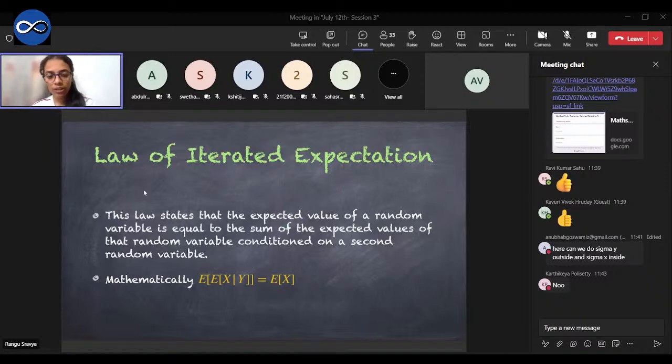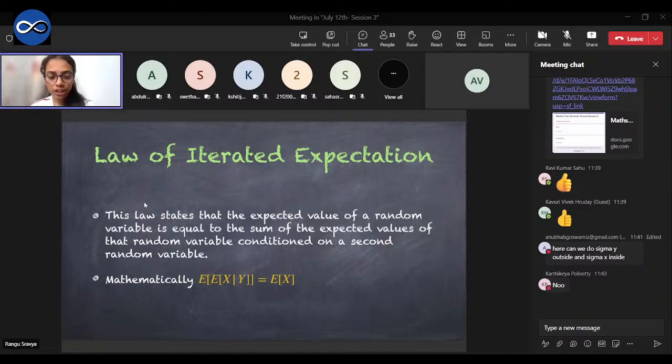It varies for different values of y. So E of x given y1 is different, E of x given y2 is different. For different values of y, E of x given y will be different. Now assume E of x given y is some function g of y. So it is nothing but E of g of y, right? Now we know the formula for E of g of x. It is sigma g of x into p_X of x.